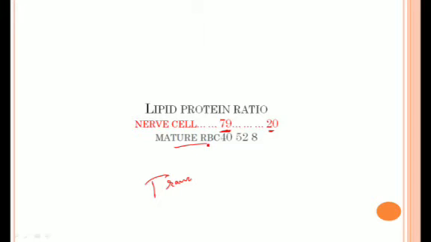In the mature RBC, the carbohydrate is about 8%. After protein and lipid, these are the proportions, and there is a presence of carbohydrate as well.